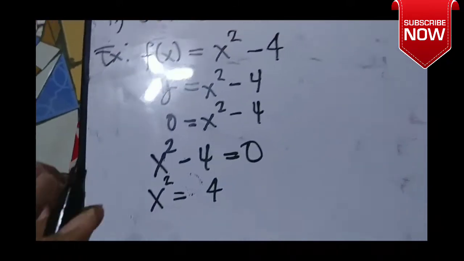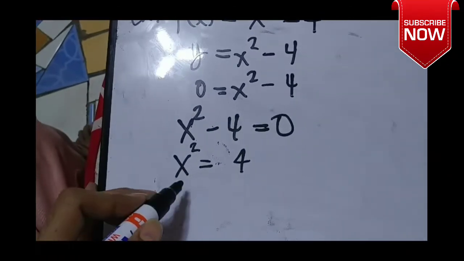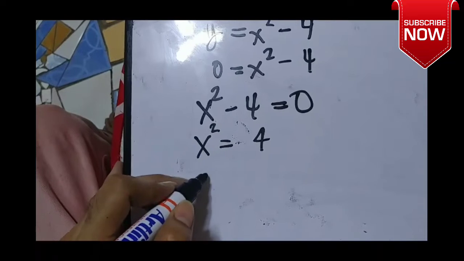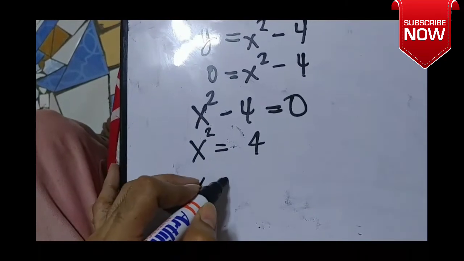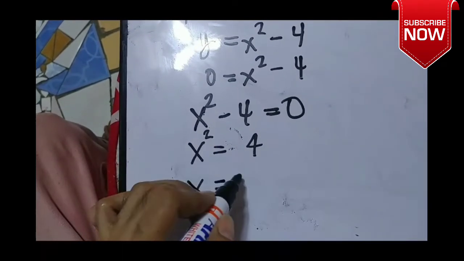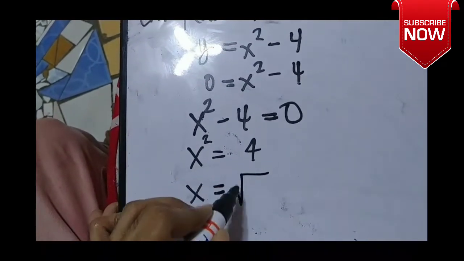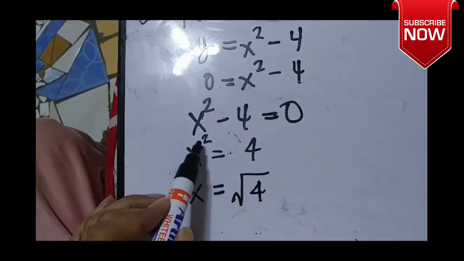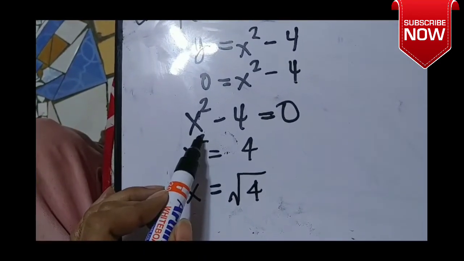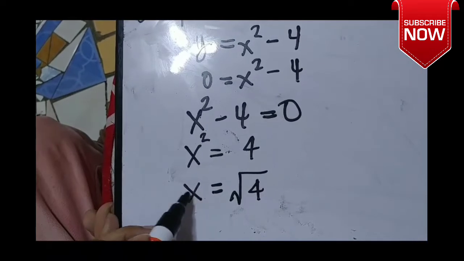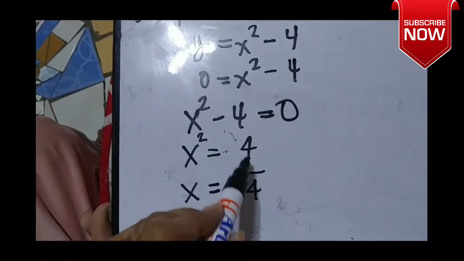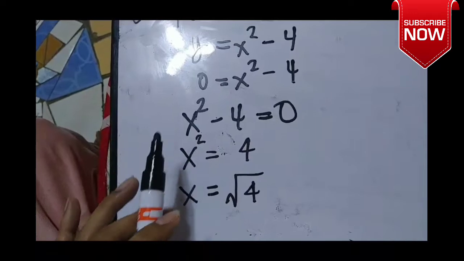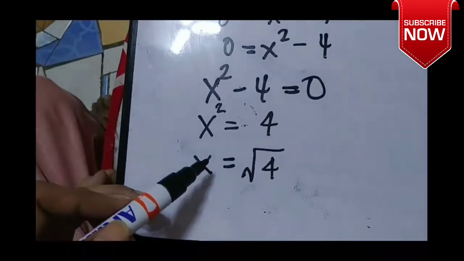So, paano ba natin i-extract ang square root? Para ma-extract natin square root, yung x squared, magiging x na lang siya. Tapos, yung 4, ipapasok natin sa loob ng radical sign. Kung mapapansin natin, yung second degree, nawala na pagdating dito. Tapos, yung 4, nasa loob na ng radical sign. Ito na yung tinatawag na extracting square root.